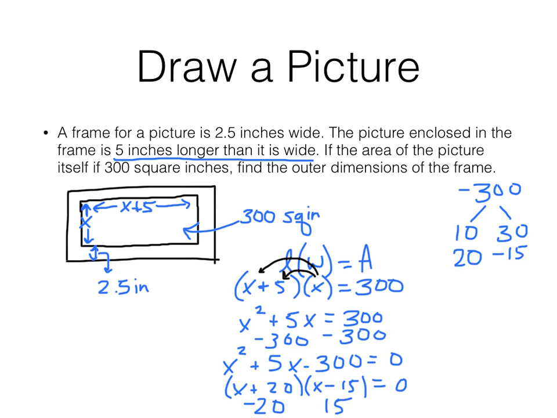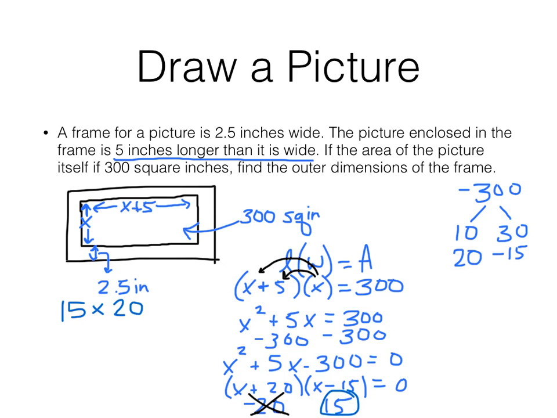And as we had in the previous problem, the negative is not going to work because we can't have a negative dimension. But the positive definitely works, and the positive is the one we want. So if x is 15, then the dimensions of the photograph are 15 by 20. But we don't want the dimensions of the photograph. We want the dimensions of the entire frame with the photograph in it.